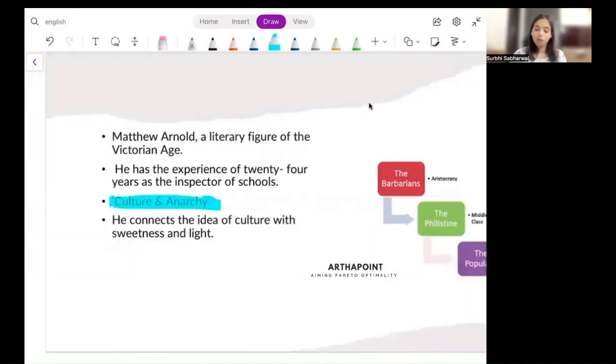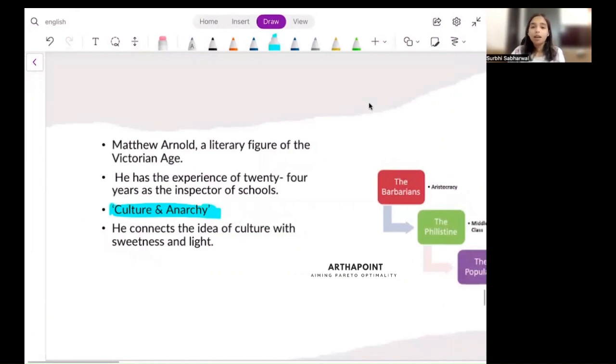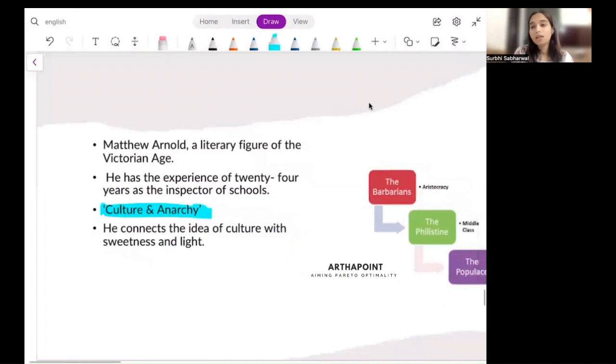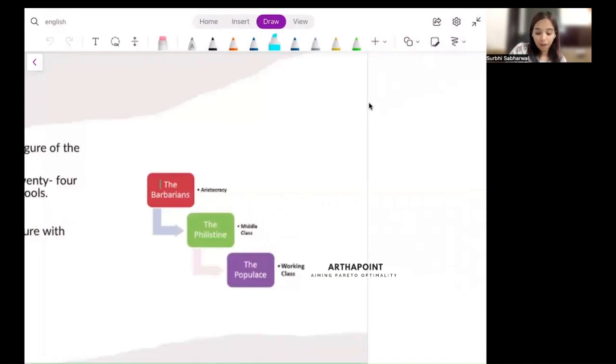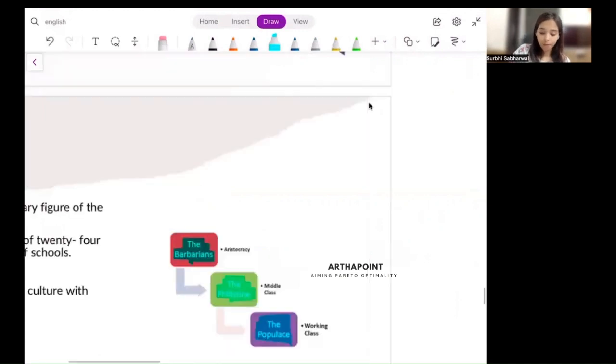The particular line has been taken from Matthew Arnold's Culture and Anarchy. Matthew Arnold was a literary figure of the Victorian age. He was the one who defined the three classes. Now, what were these three classes? The three classes were the barbarians, the Philistines, and the populace.